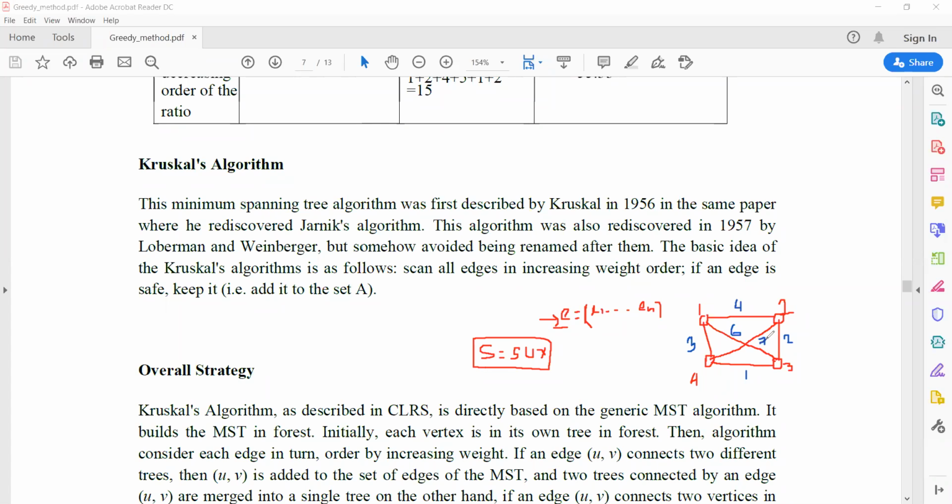So first we will apply a selection function, and suppose we make a sorted order of edges based on their cost. Definitely we find that edge 3 to 4 will be the first entity, then edge 2 to 3 is the second one, then the third one is 1 to 4, and the fourth one is 1 to 2.